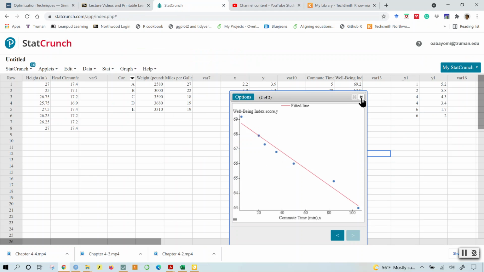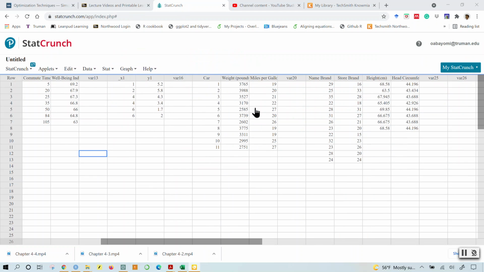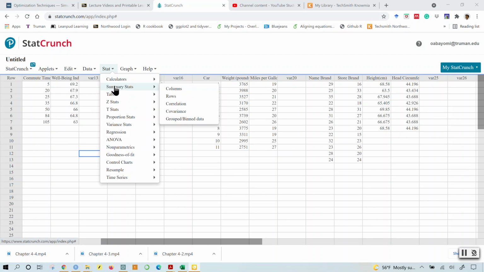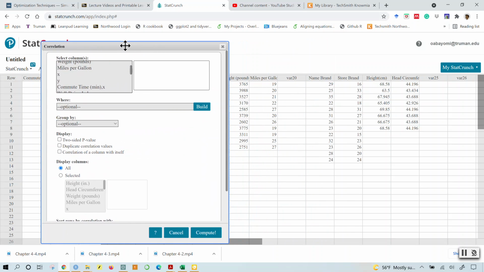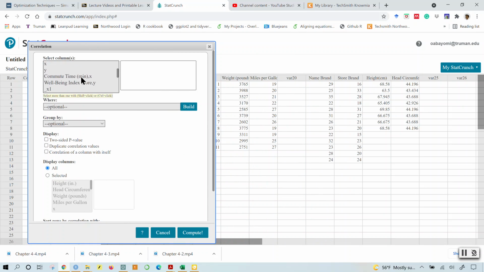Right here on the screen, I can see the weight, I can see the miles. I'll go to Stat, go to Summary Stats, go to Correlation, and I would like to choose both options. I can see there's weight in pounds and miles per gallon.